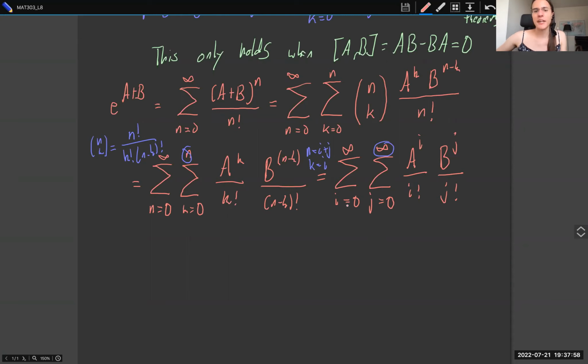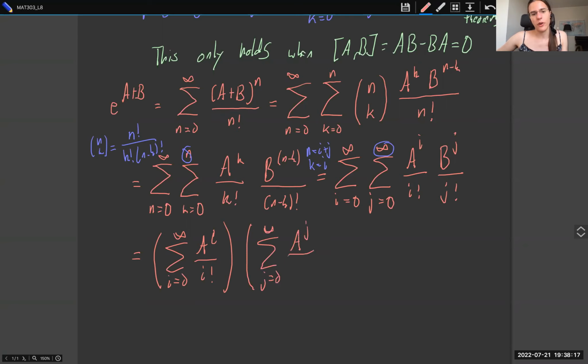So we can basically factor this thing out of the sum, and this is the same as the sum from i equals 0 to infinity of a^i over i factorial times the sum from j equals 0 to infinity of b^j over j factorial, which is equal to e^a times e^b.